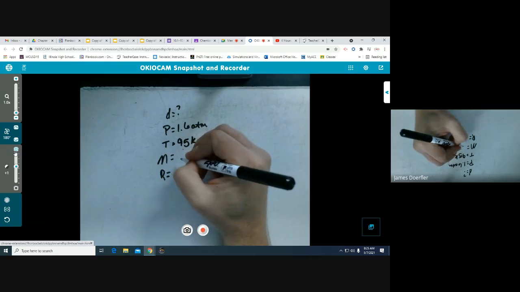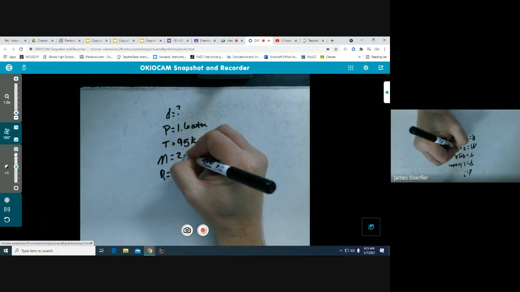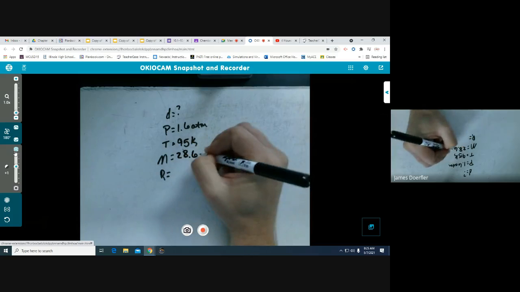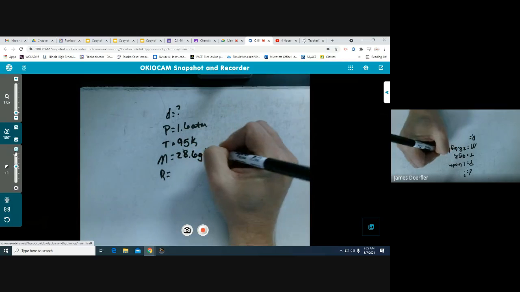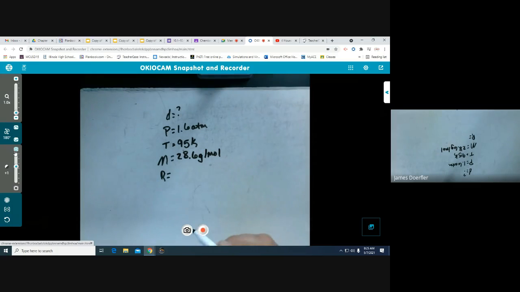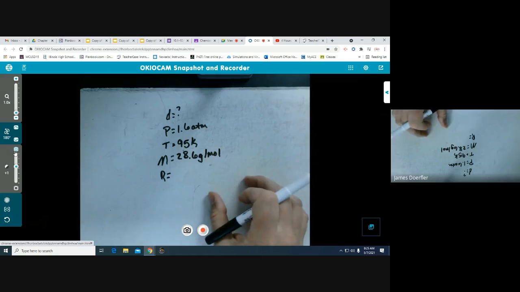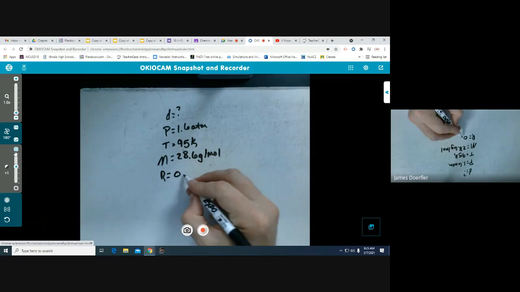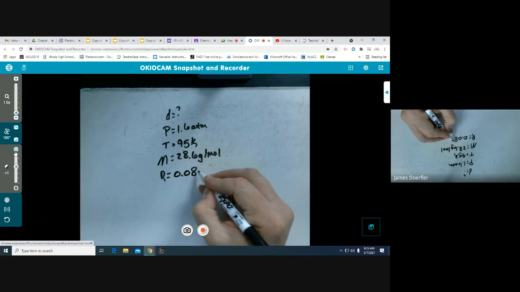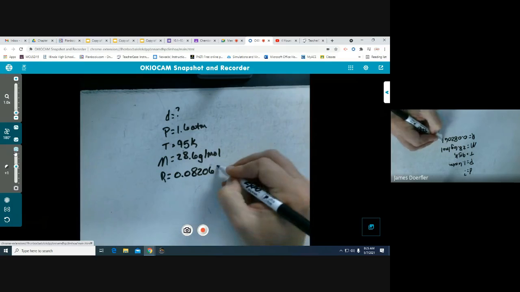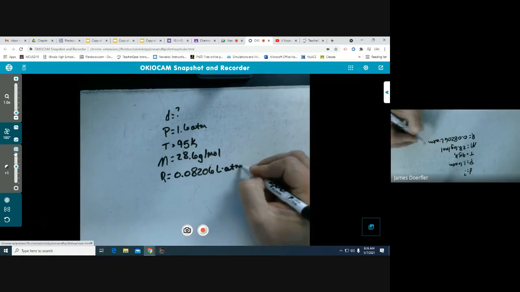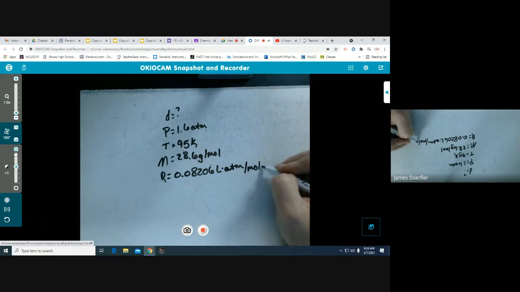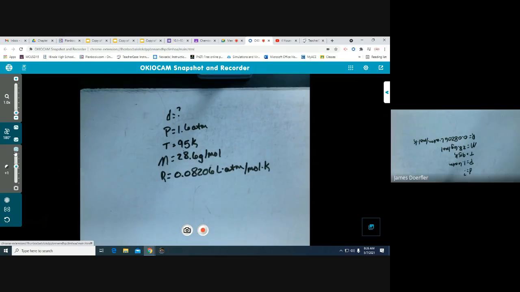The molar mass of this particular gas was 28.6 grams per mole. And nicely enough, the R value remains the same: 0.08206 liters times atmospheres over moles times Kelvin.